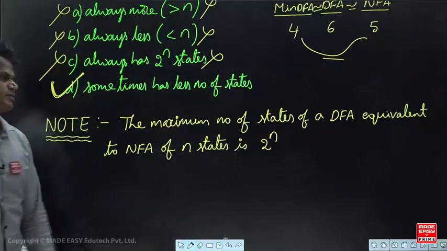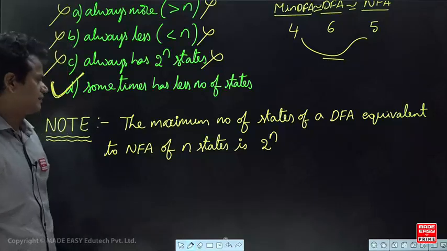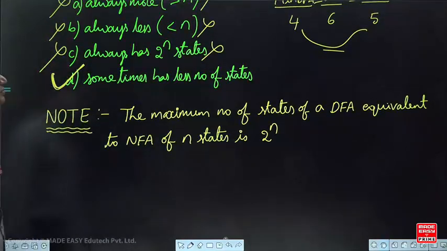The maximum number of states of a DFA equivalent to an NFA of n states is 2 to the power of n. Okay, copy this one.